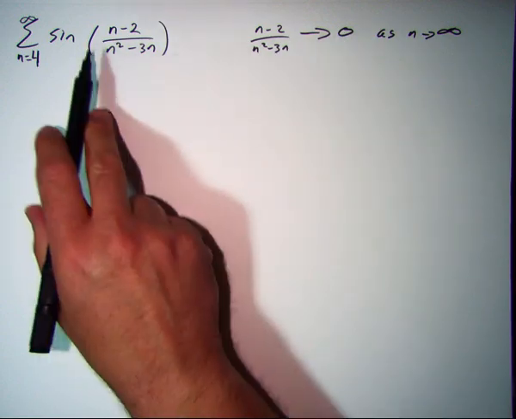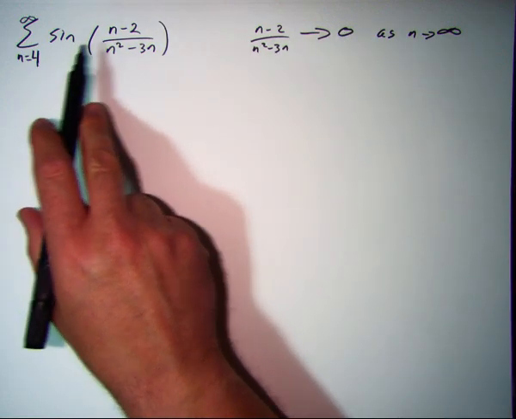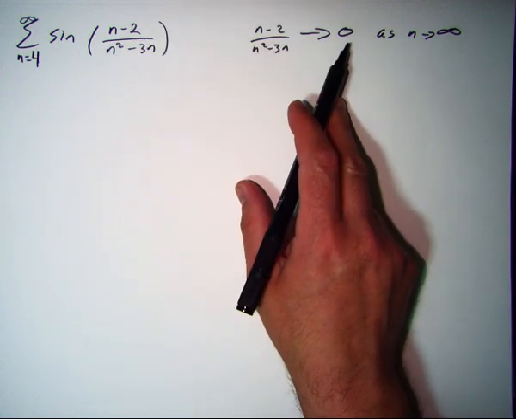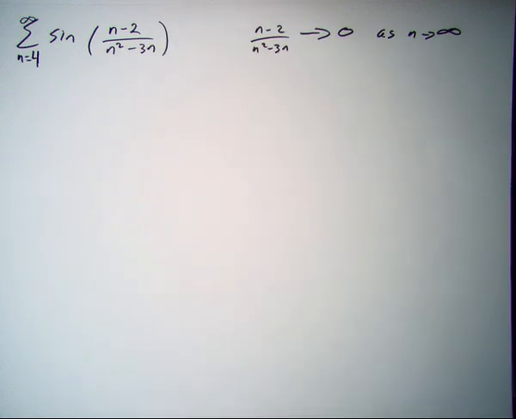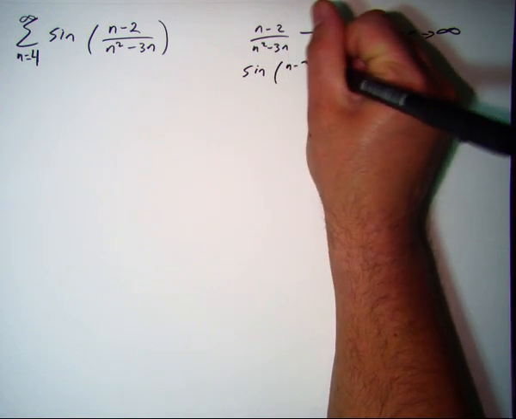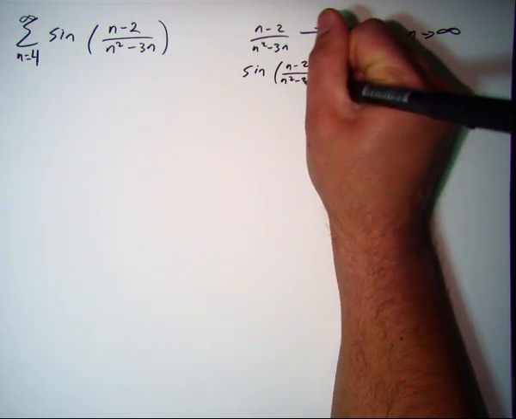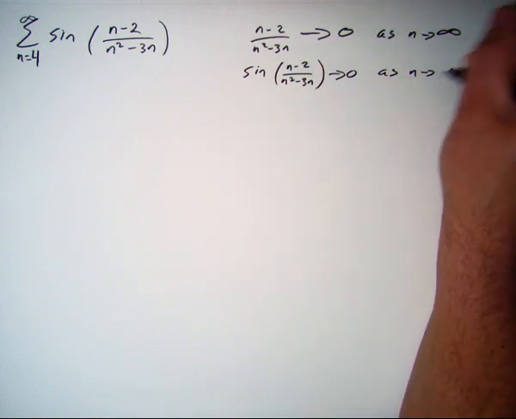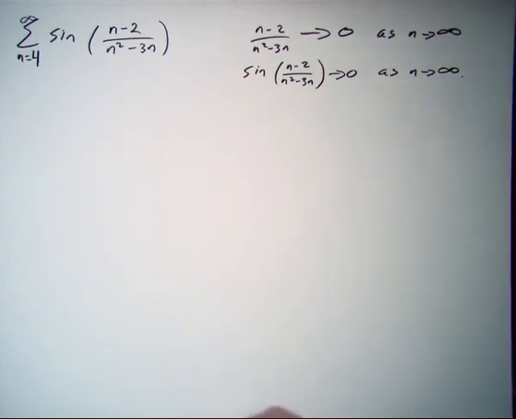If it goes to 0, then sine of this value has a limit. That limit is 0, so I can't just use the divergence test and be done, but I can definitely say sine of (n - 2)/(n² - 3n) goes to 0 as n goes to infinity.